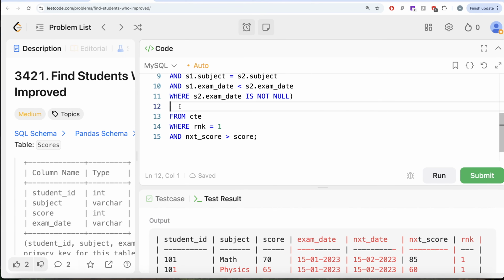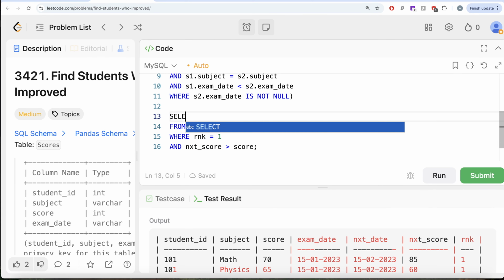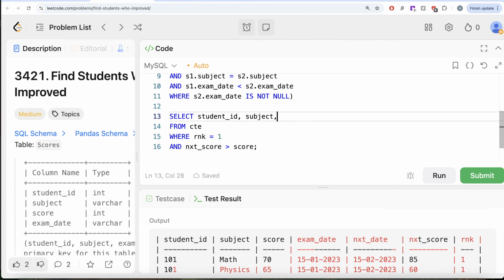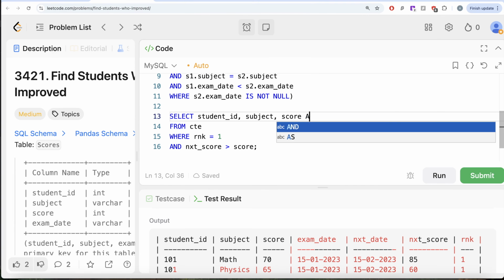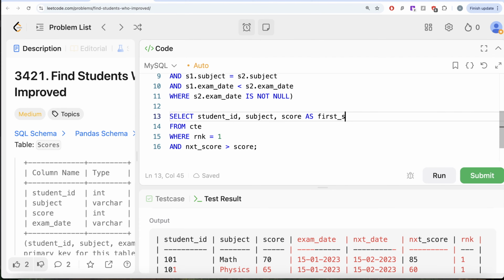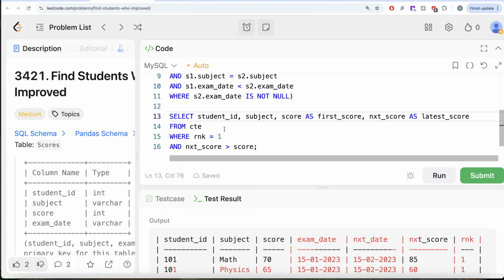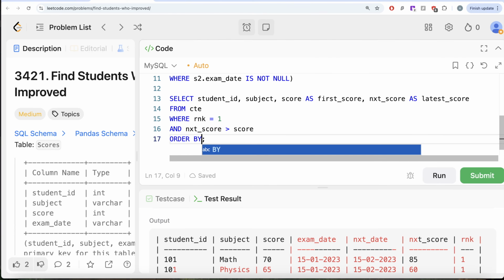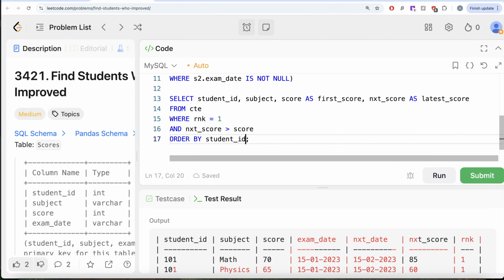For these situations, return the student ID, the subject, the score aliased as first score, and your next score aliased as latest score, and then the output should also be ordered by student ID and subject in ascending order, right?